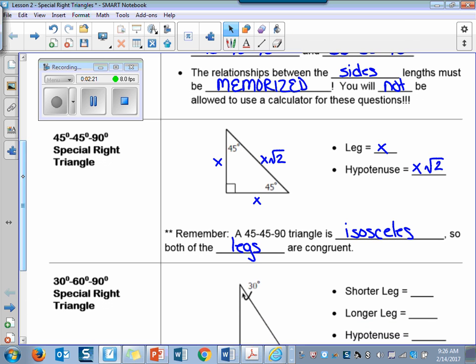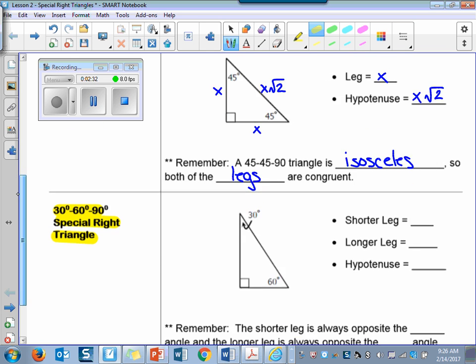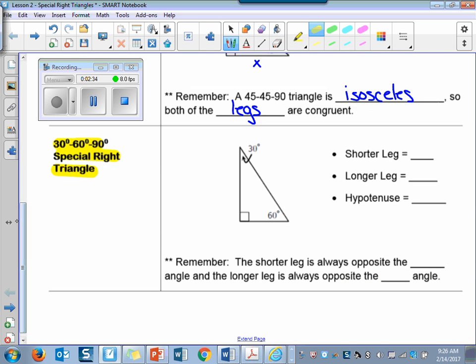In terms of vocabulary, you need to know both of these types of special right triangles. Let's look at the side lengths for a 30, 60, 90. Everything in a 30, 60, 90 is based off the shortest leg.